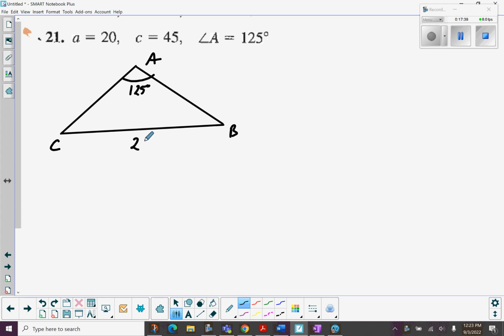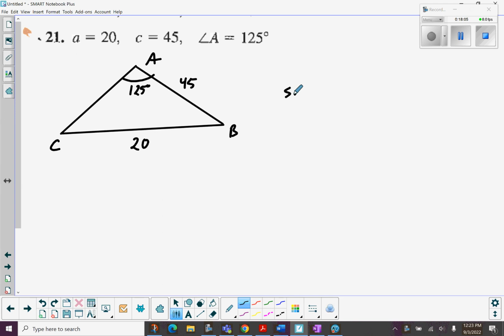The length of side A is 20. The length of side C is 45. Do you see something wrong right now? Okay, if not, that's okay. I think it'll become fairly apparent here in just a moment.